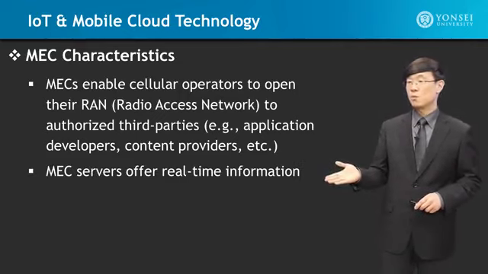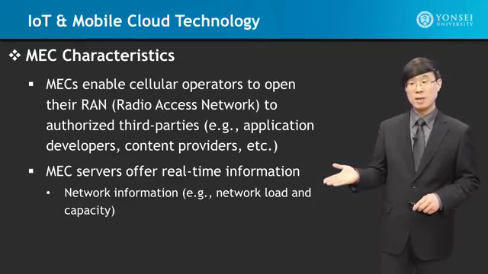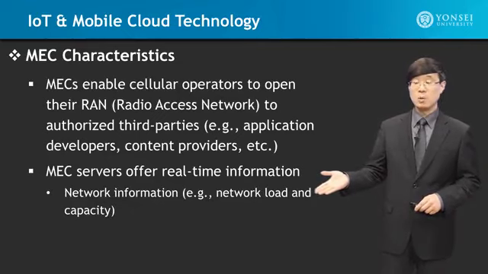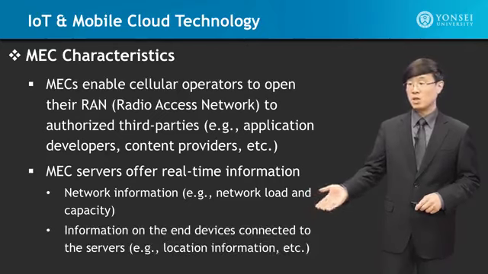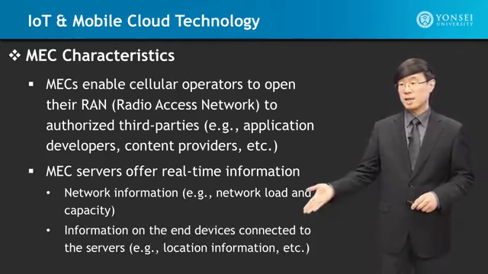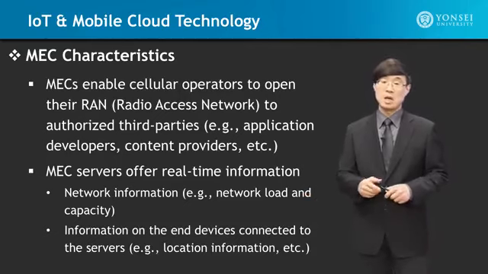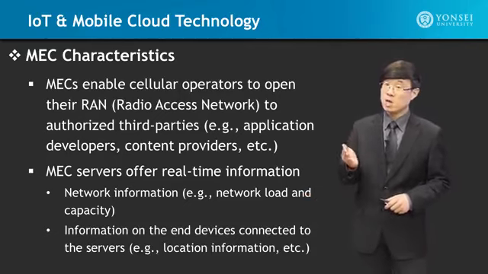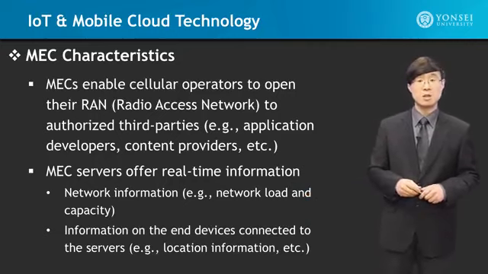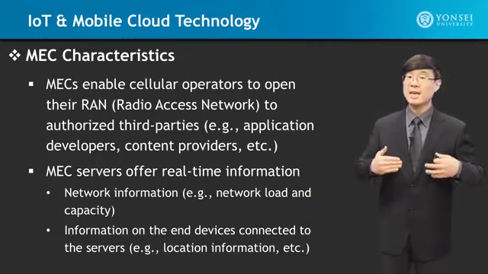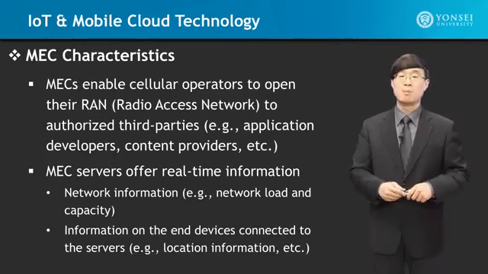MEC servers offer real-time information. What types? Network information types, like network load and capacity, information of the end devices connected to the server. Location information. This is especially important if you're doing something like location-based services, LBS technology. And you know that that is more and more important as we go into the future.